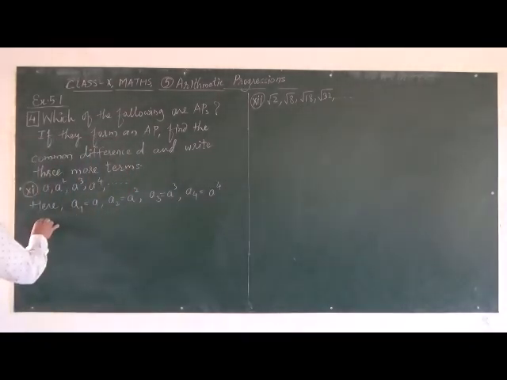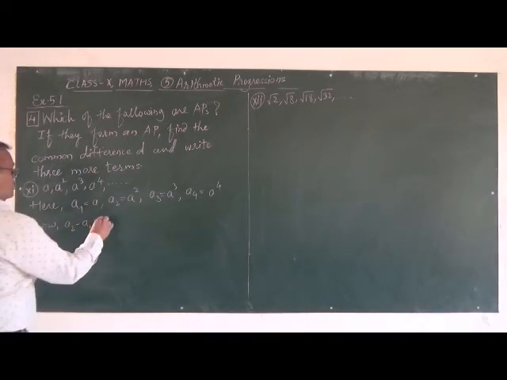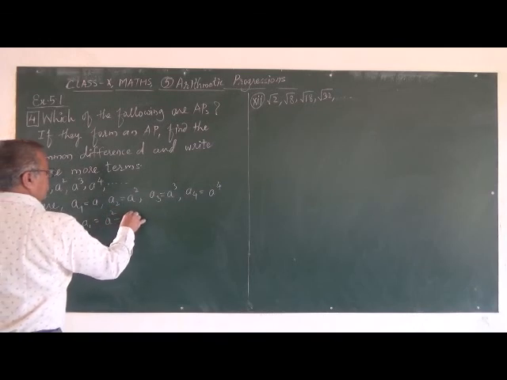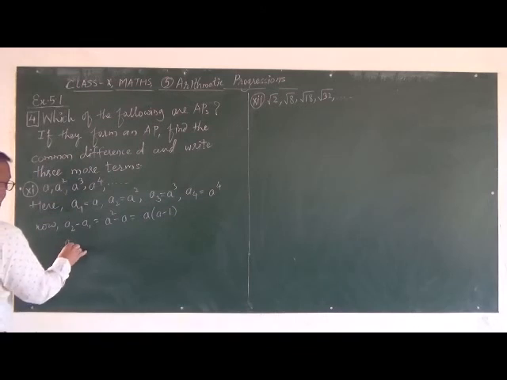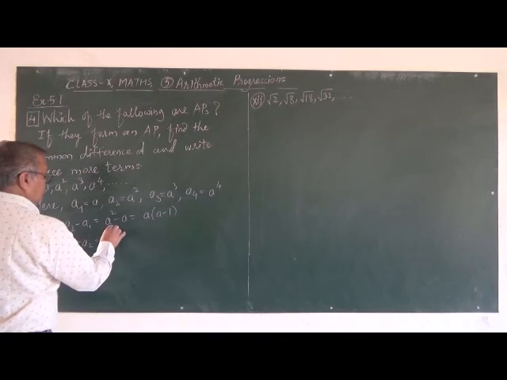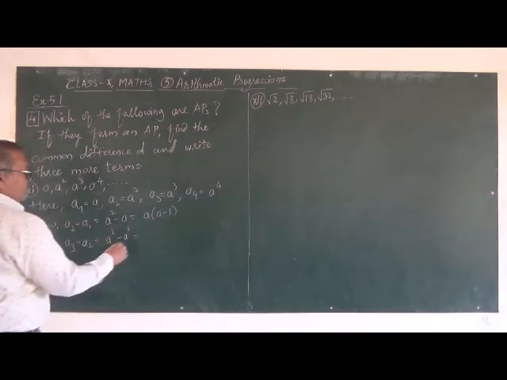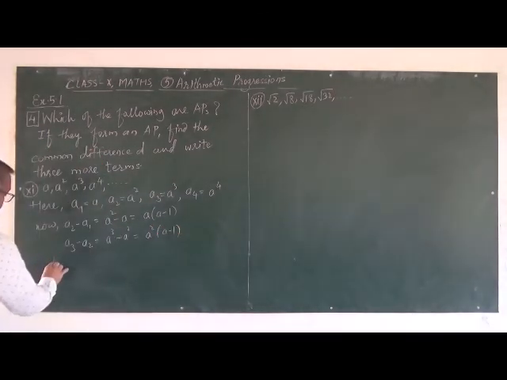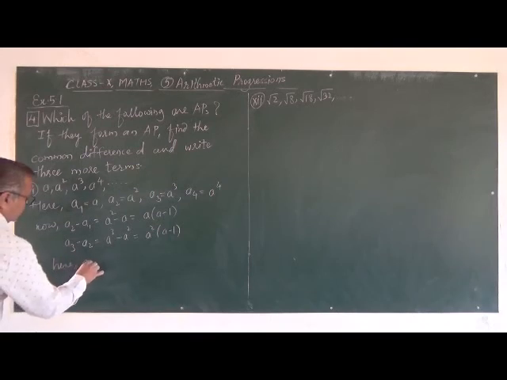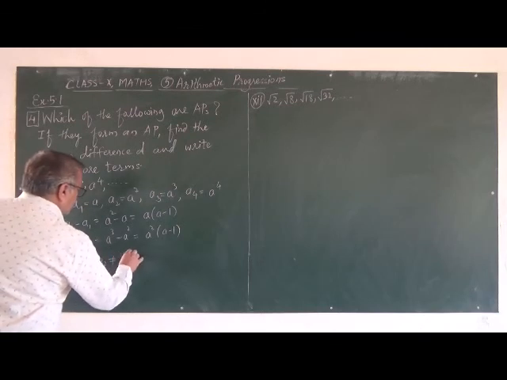Now you subtract a2 minus a1. So a square minus a is nothing but a into a minus 1. Now a3 minus a2: a3 is a cube minus a square, a2 is a square, so a square into a minus 1. So here a3 minus a2 is not equal to a2 minus a1.